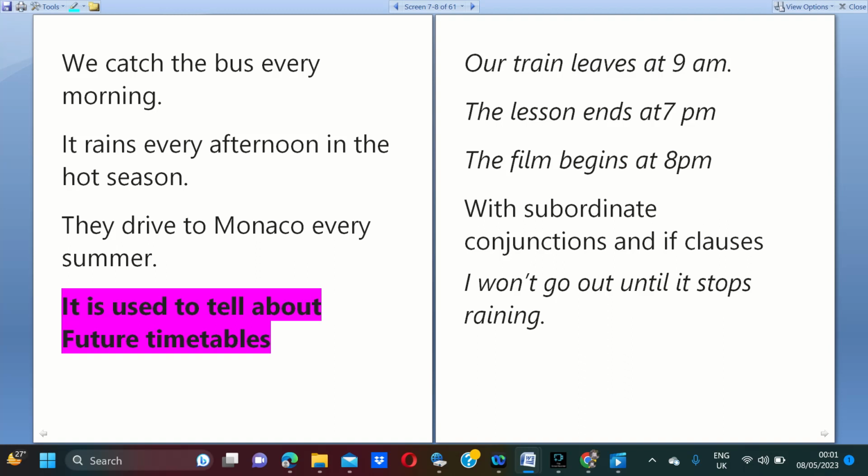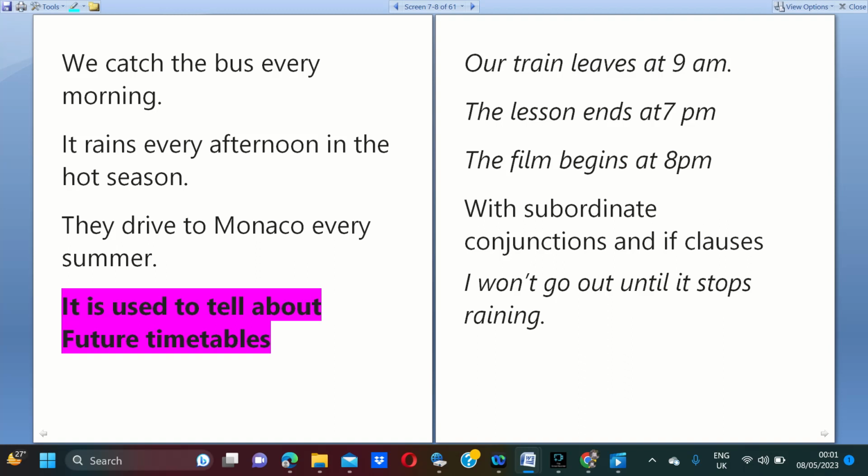With subordinate conjunctions also we use the simple present for the future. For example, I won't go out until it stops. Here, in the previous ones, we are using simple present tense to talk about future actions.